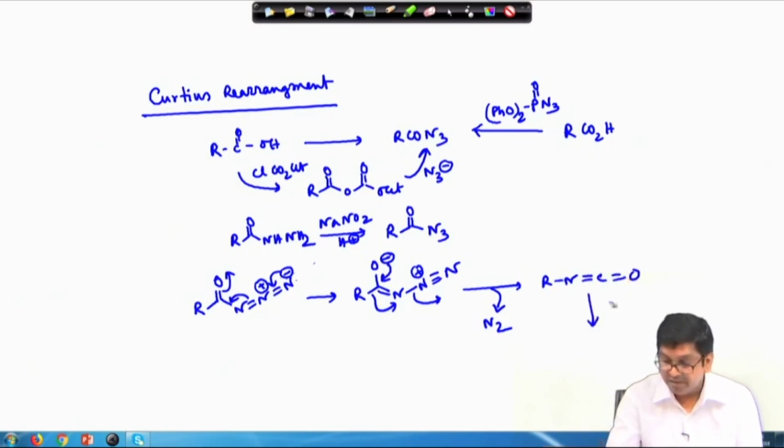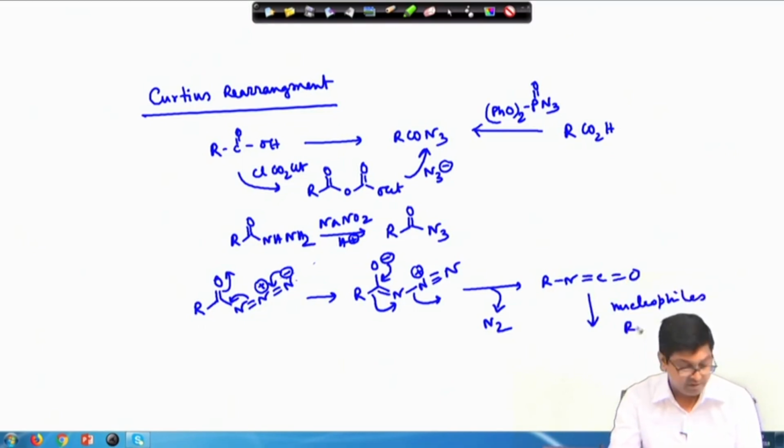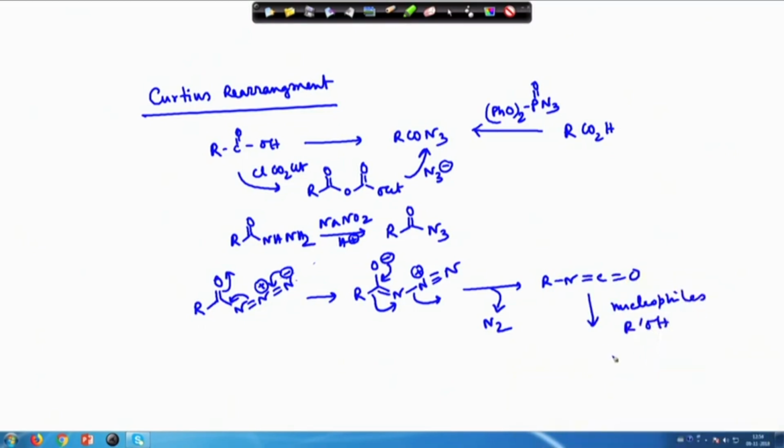And now, various nucleophiles can react, as per examples water, as per examples alcohol, and attack over here, and then finally you will get this desired product. It could be acid, and if it is water, then the decarboxylation will give you finally the corresponding amines. So, in this way various types of nucleophiles can react with this isocyanate and give you different products.